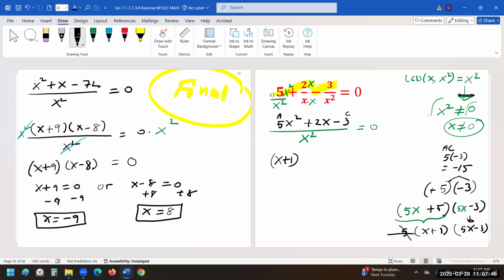So x plus 1, 5x minus 3 over x squared. If you don't like the shortcut, feel free to use the detailed method.